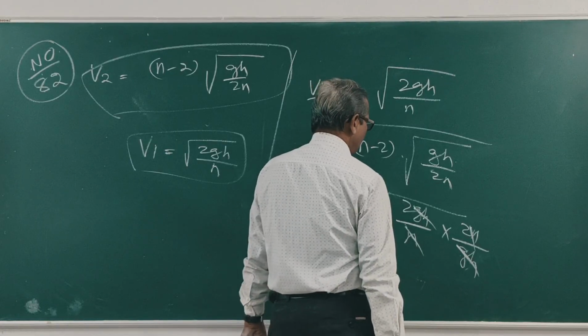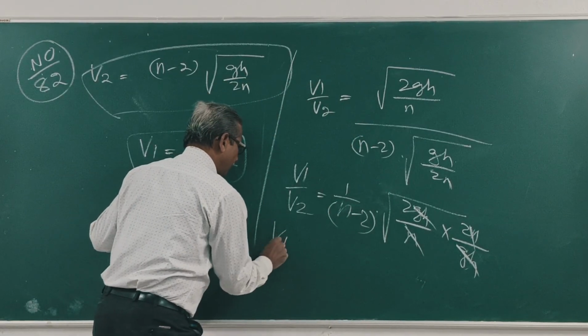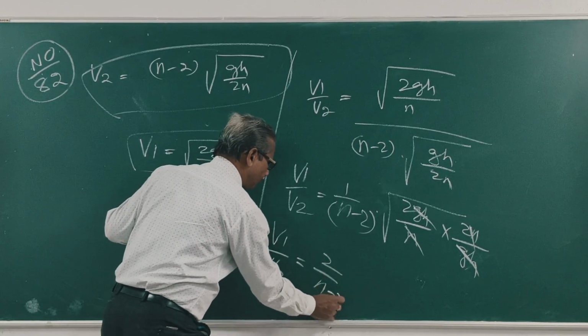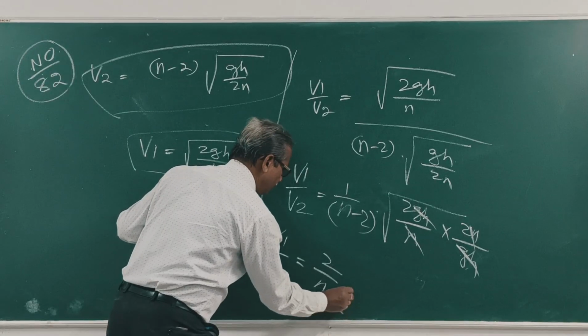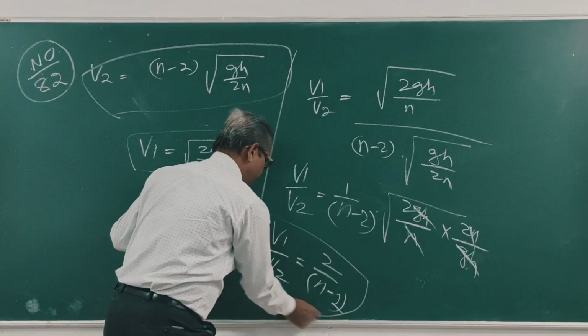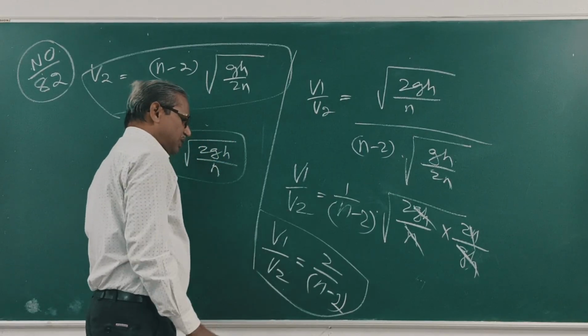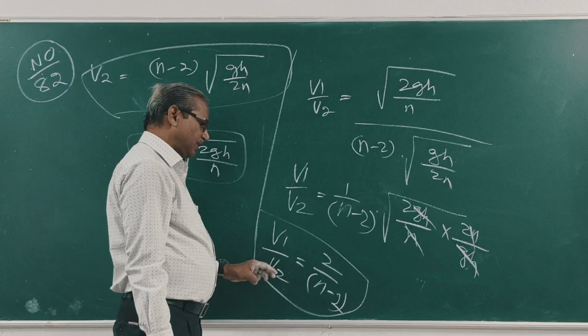Root 4 means 2. So this implies V1 by V2 is equal to 2 by n minus 2. Proved. Clear? This is 2 by n minus 2. Right? Next question.